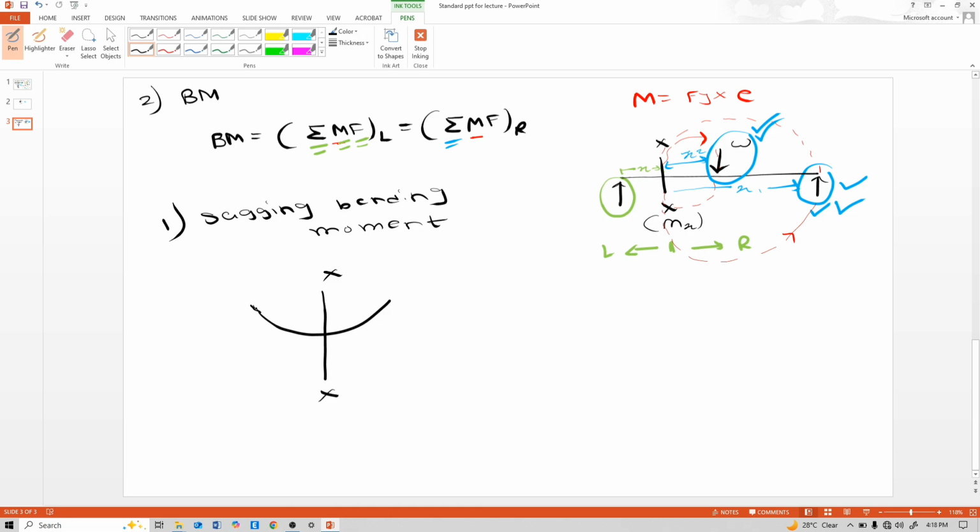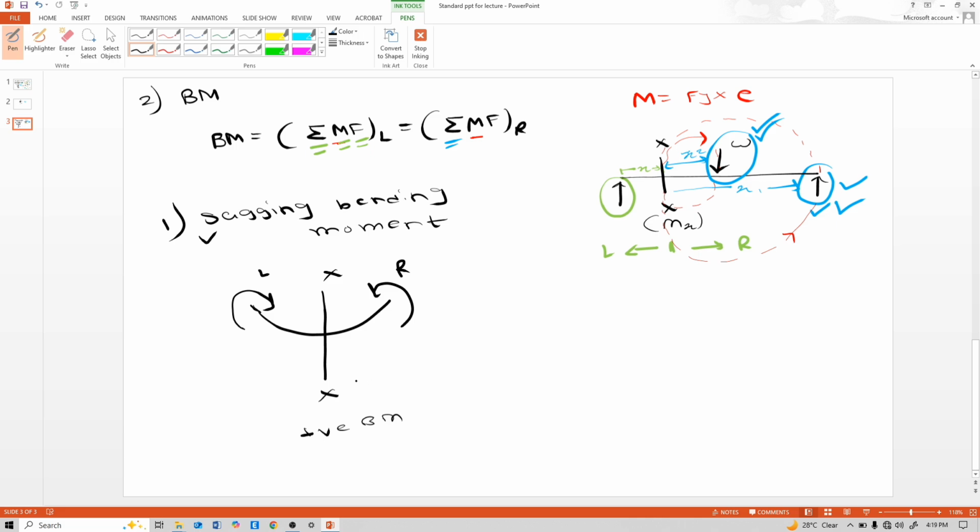So this is deflection of that beam, and this is clockwise moment on left side of the section and anti-clockwise moment on right side of the section. This is positive moment. That means sagging bending moment or sagging bending moment. And now read the definition.